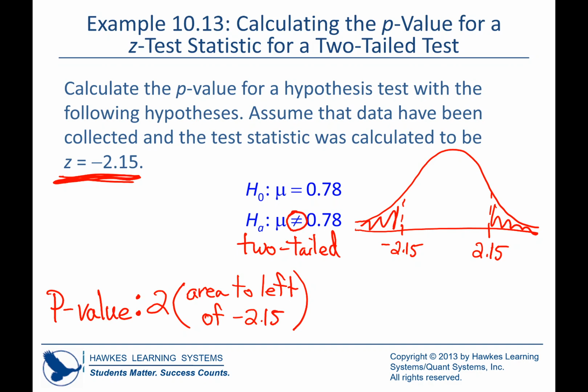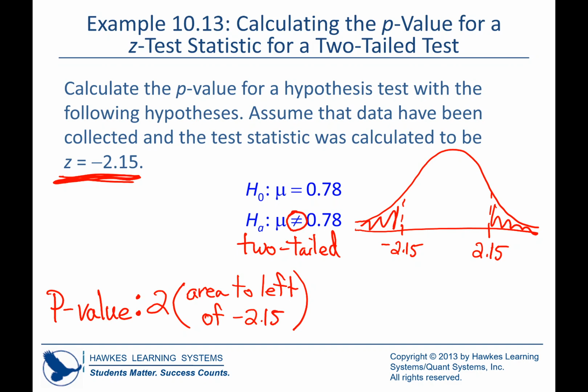Because if this one was our test statistic, we would want to know still about both of these because it's two-tailed. So we would look up the negative version and then multiply by 2. So on two-tailed, if you want the p-value, we can just always look up the negative version of the z-value and multiply it by 2.